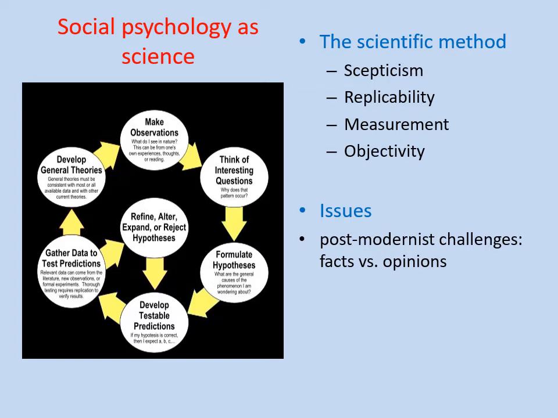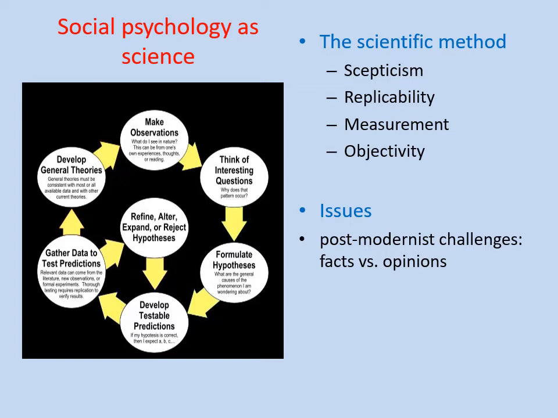Now, all of this seems fairly intuitive and obvious until you consider that within Western social sciences, there is a very interesting movement which denies, questions the validity of the scientific method.